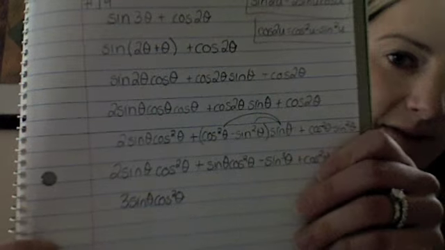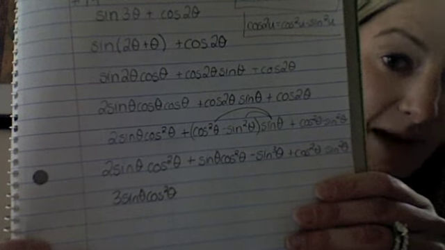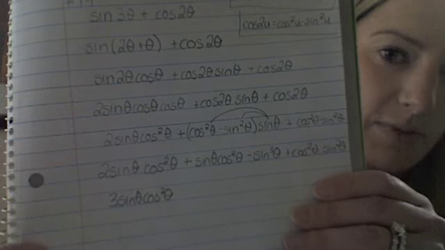Then I still have the minus sine to the 3rd theta plus cosine squared theta minus sine squared theta, so I'm just going to add that in.